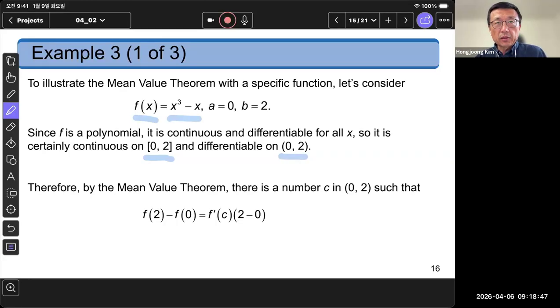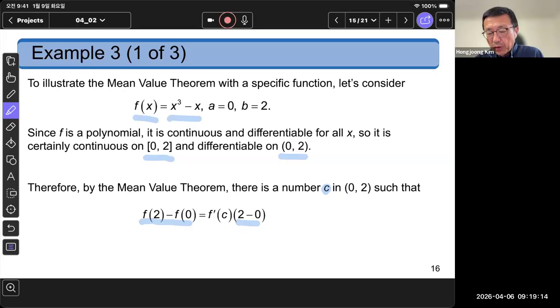And the mean value theorem says there will be a point c between 0 and 2 such that f of b minus f of a over b minus a equals f prime at c. So there will be a point c satisfying this equation.